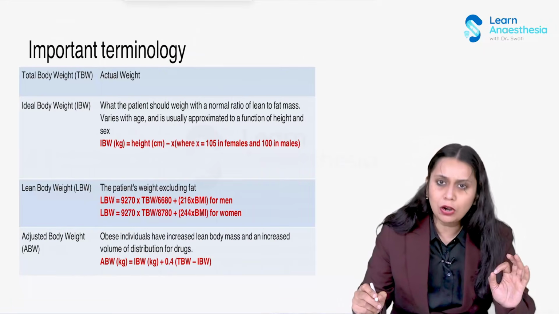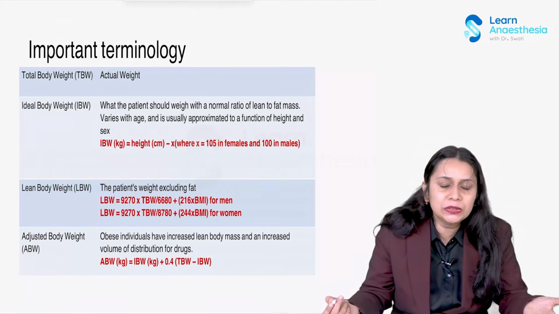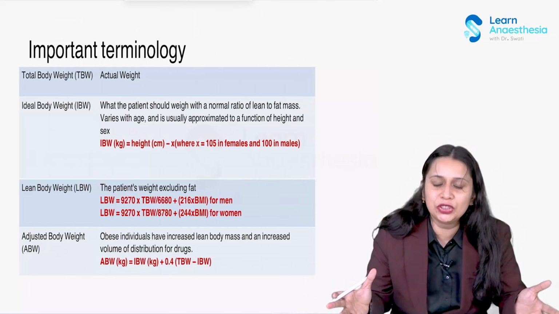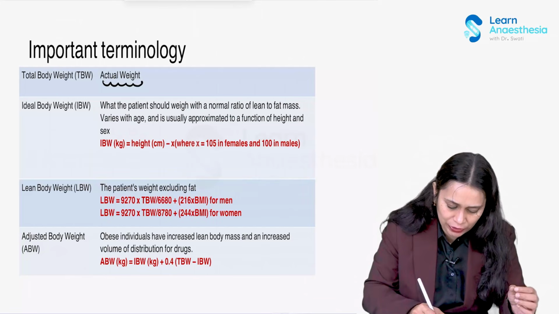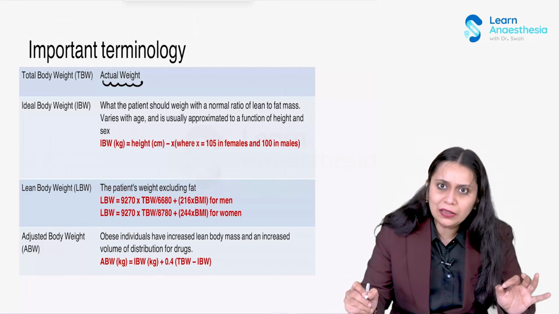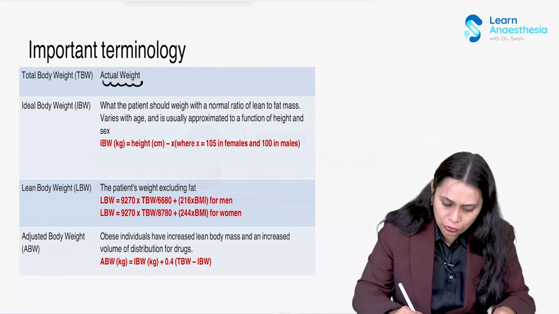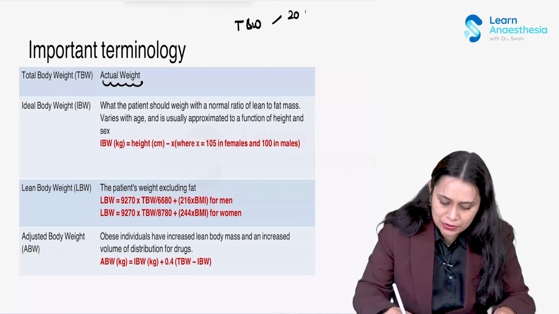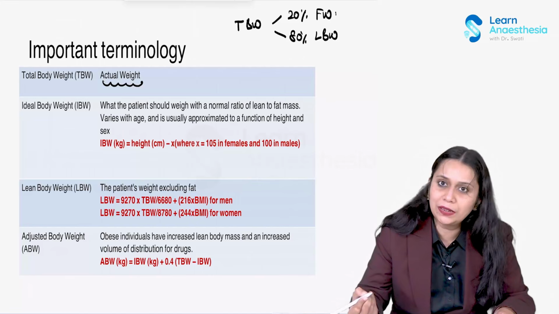Let us talk about total body weight. As the term says, it is the actual body weight, what the person weighs on the weighing machine. So that's the actual weight. In a normal person, of the total body weight, 20% is fat weight and 80% is the lean body weight, right?